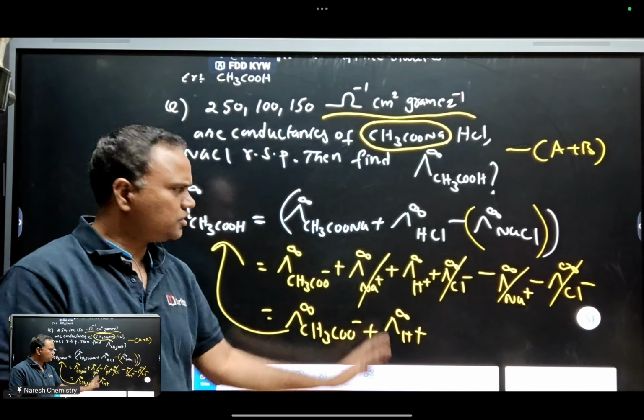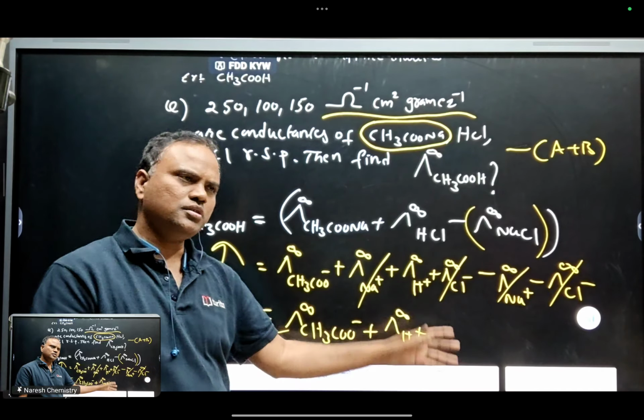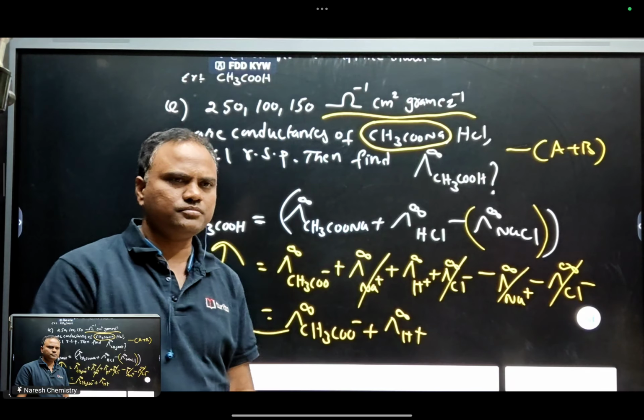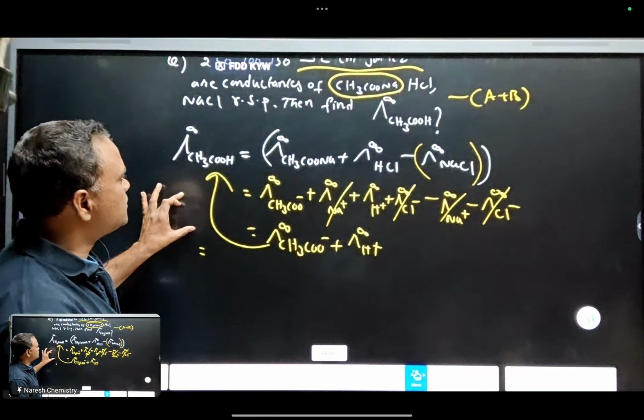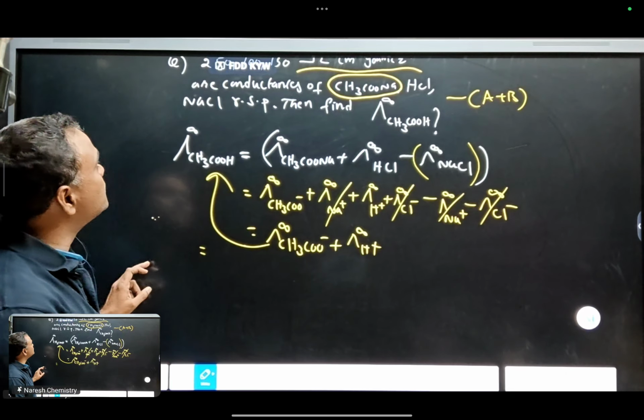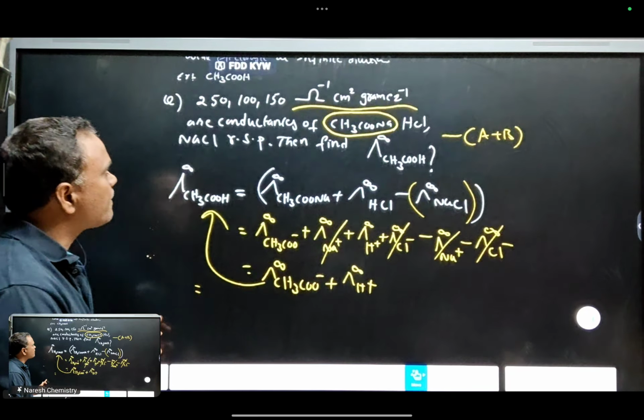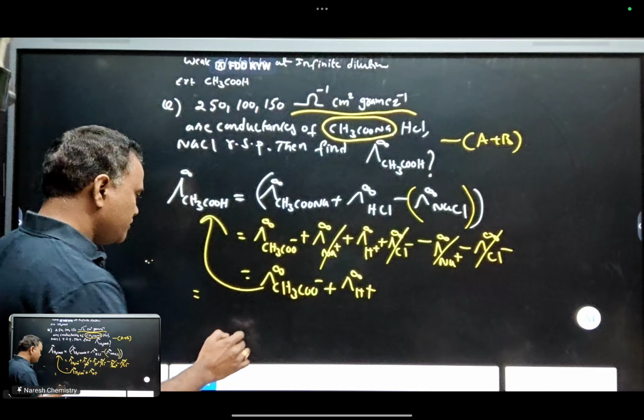Now coming to the question. Actually, you no need to do all these things, right? You can substitute directly. Now tell me, what is CH3COONa conductance? And substitute the value.